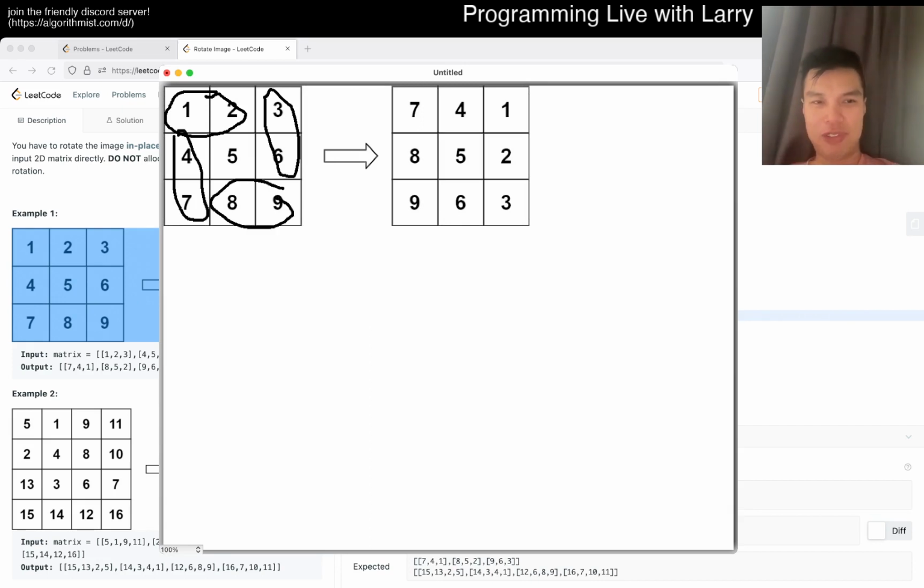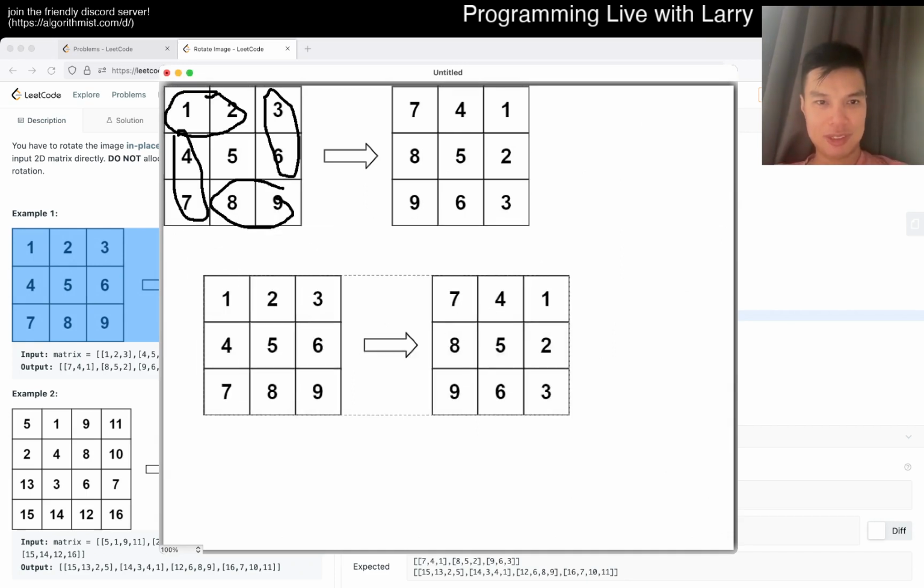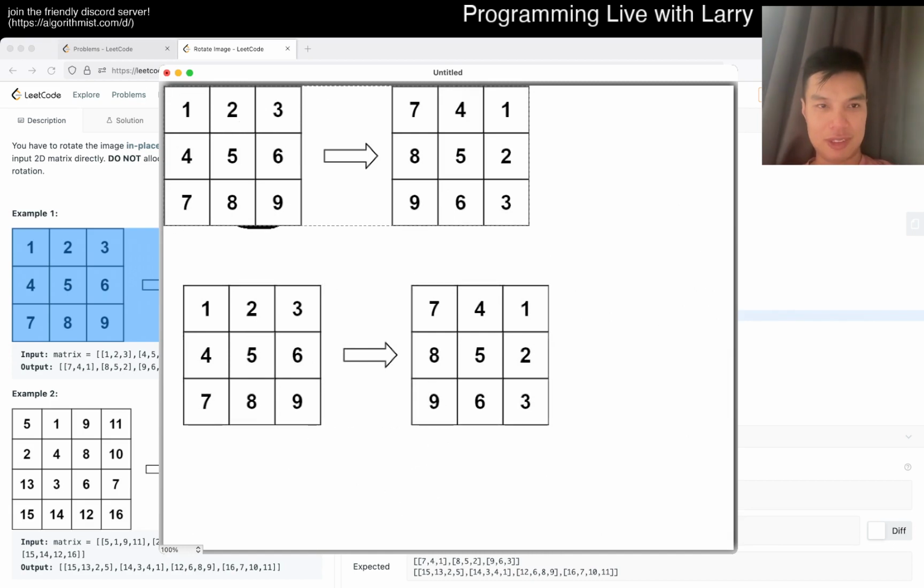And then you can imagine a 5x5 version. Maybe I could just do it twice.